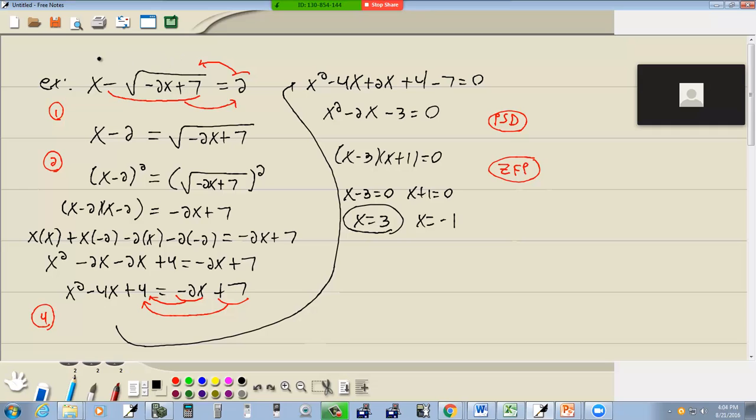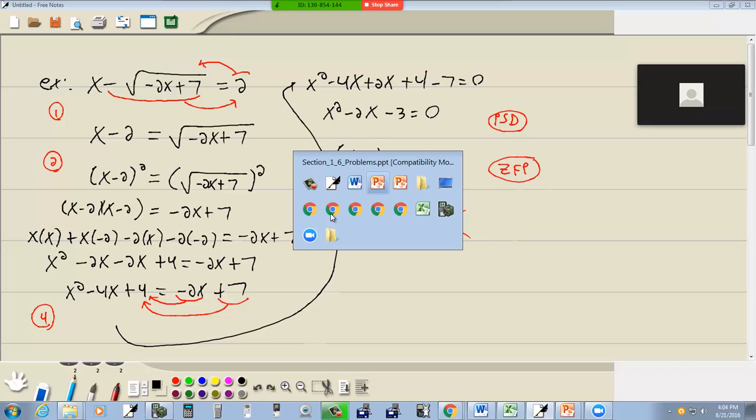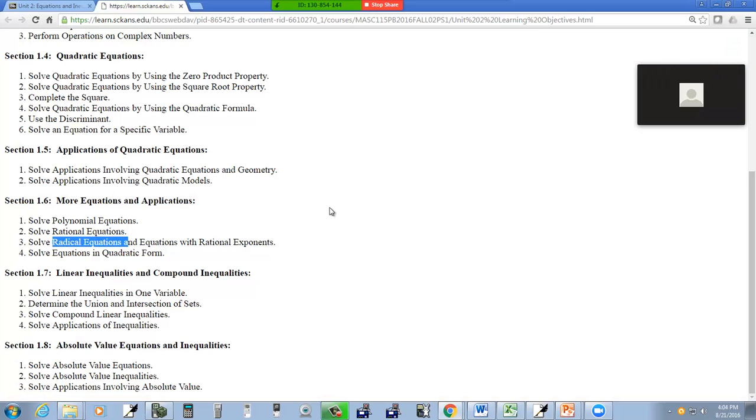Square root of 9 is 3. So this would be negative 1 minus 3, which does not give us 2. This is an example of where you come up with an answer that does not work. That's why you have to check your answers when you're talking about radical equations. So there it is.